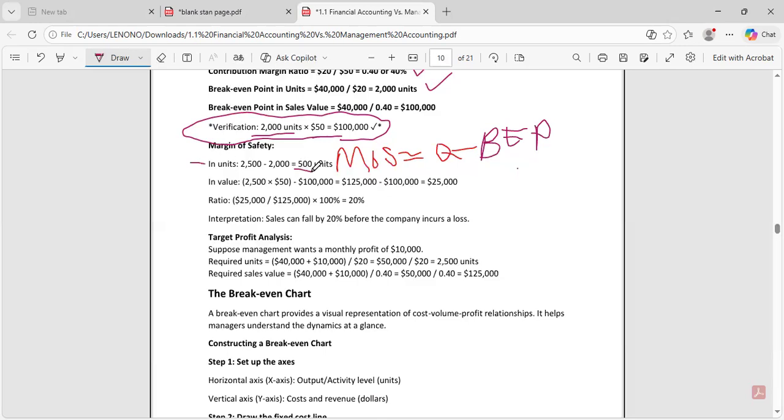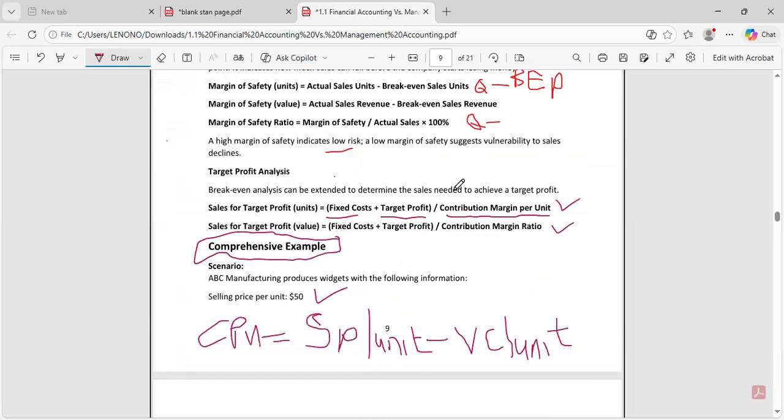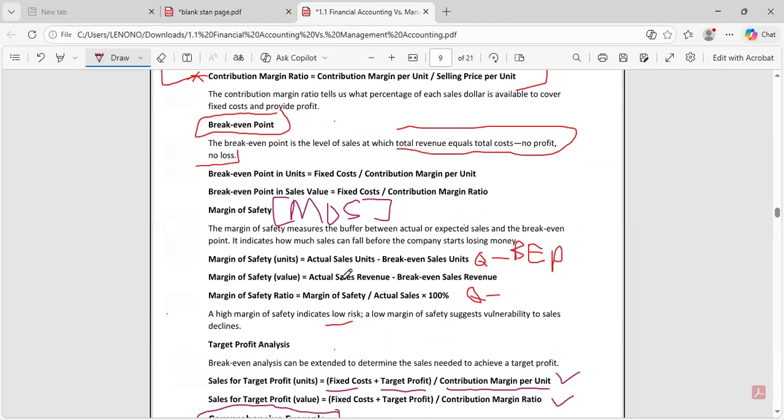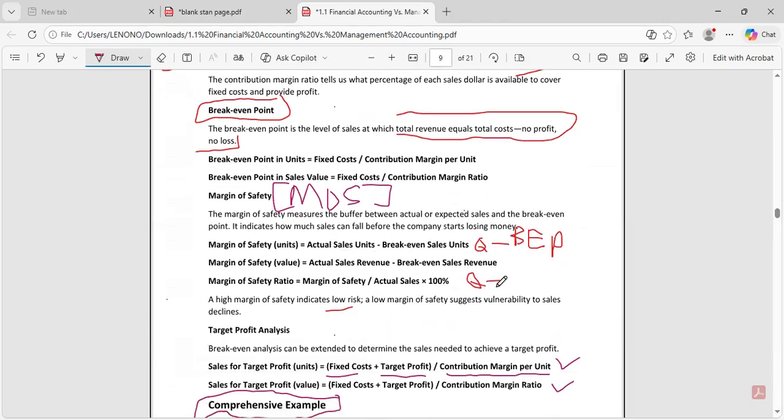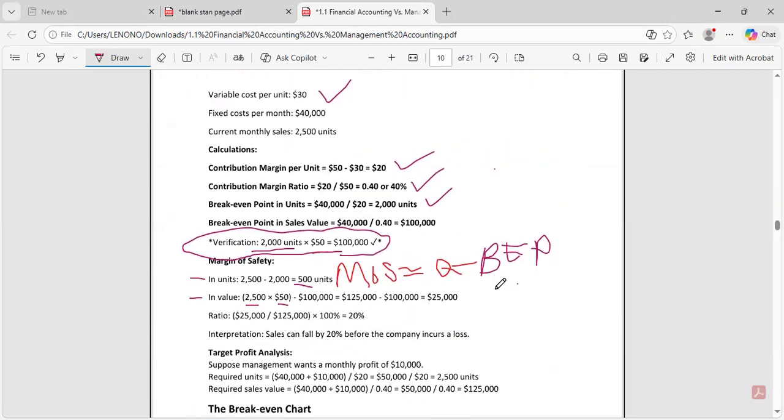Margin of safety in value is actual sales revenue minus break-even sales revenue. So Q is 2,500 times 50, minus the 100,000 break-even point in value.